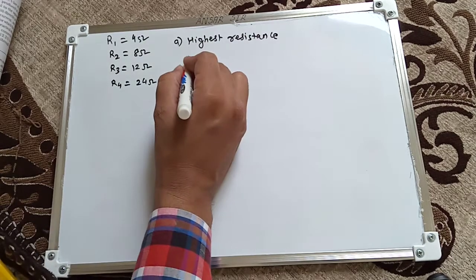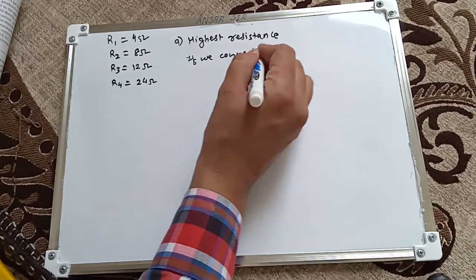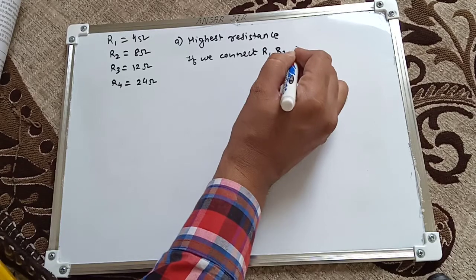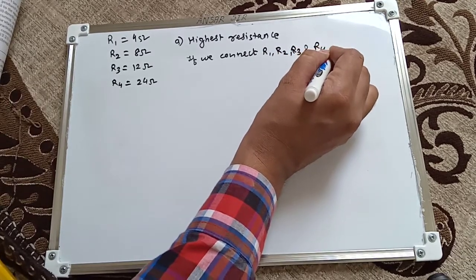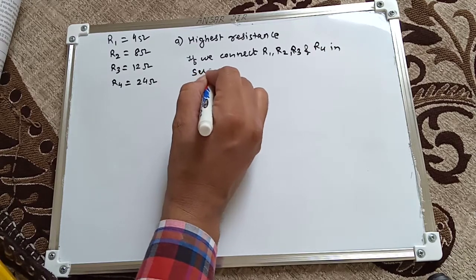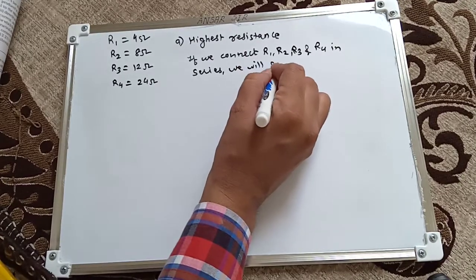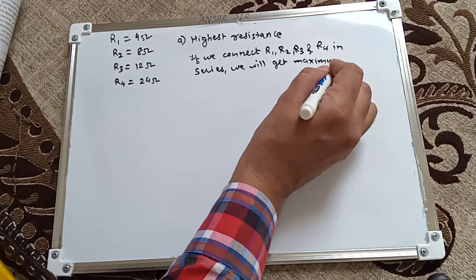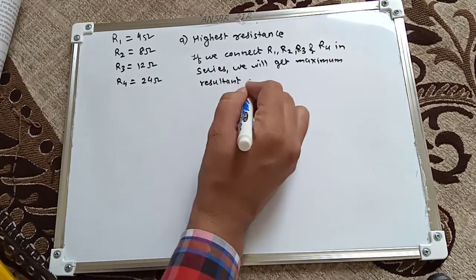So if we connect R1, R2, R3 and R4 in series, we will get maximum resultant resistance.